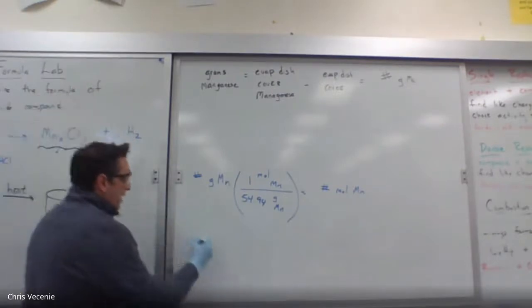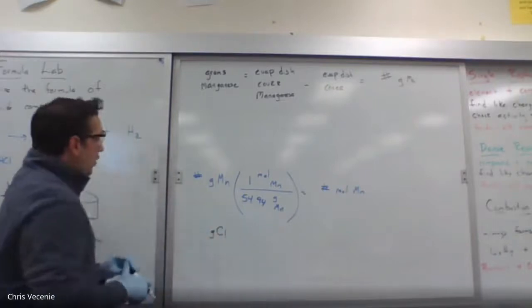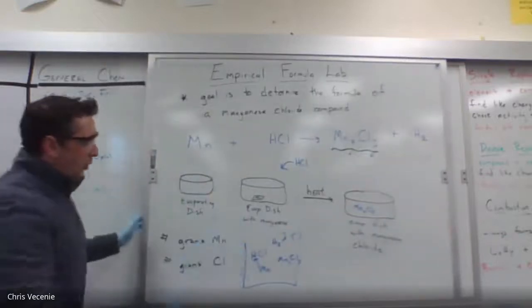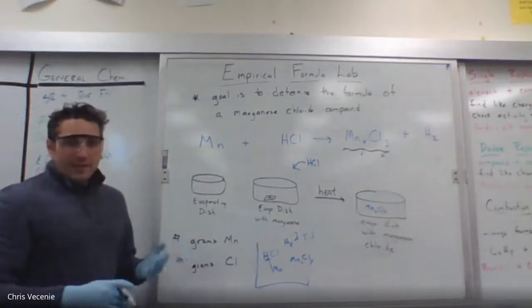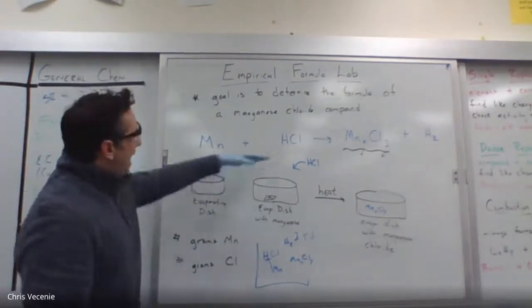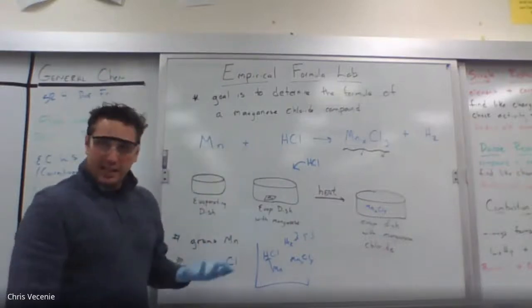If I want to get the chlorine, nowhere in the experiment do I have chlorine by itself. And that's by design. Chlorine by itself is toxic. I don't want to create it. So I have it with the hydrogen chloride here, but it's a liquid, so that's no good in terms of getting its grams.